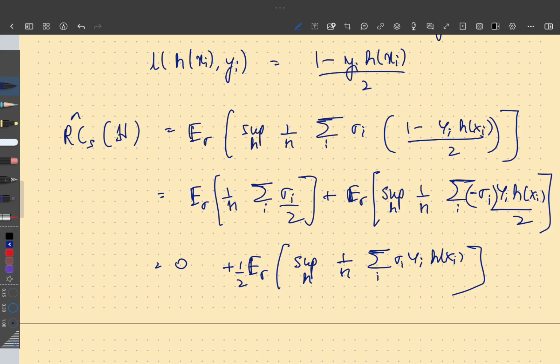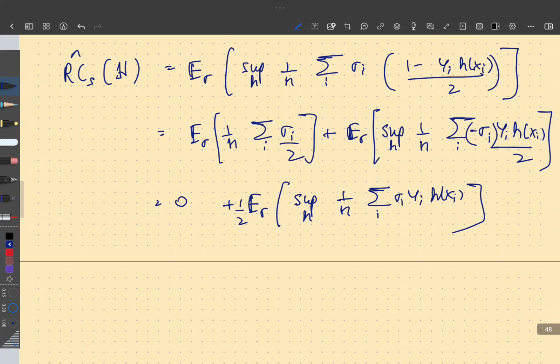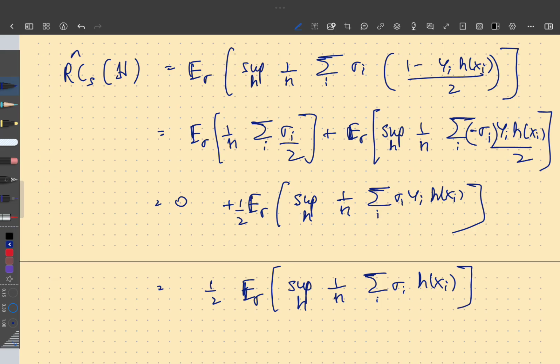Right? So I claim that this is equal to half expectation over sigma of supremum over h of 1 by n summation over i sigma i h of xi.